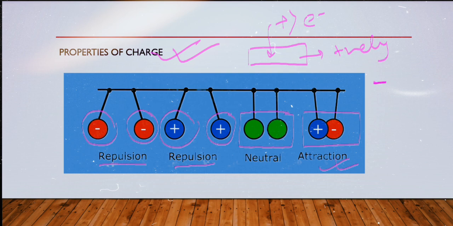And if the object has more negative charge as compared to positively charged particles, then we say that the object is negatively charged. Clear? This is how we give charge to different objects.